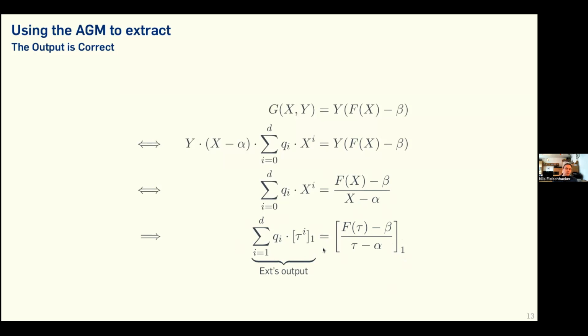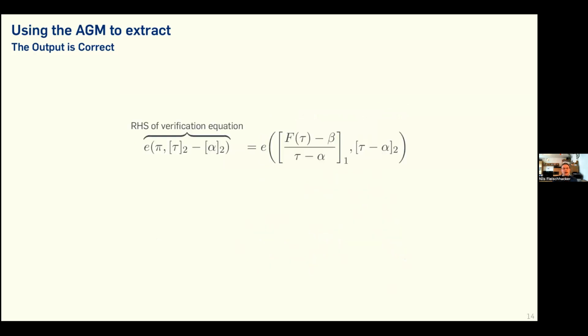So that means now we actually have a value for the output of the extractor, and we can just plug this value into the verification equation and check if it holds or not. And well, we can just do that. So we can start with the right-hand side of the verification equation, which actually contains the pi, and we plug in this value that we now know that this pi that the extractor outputs actually is.